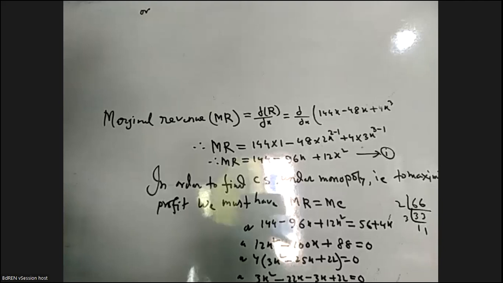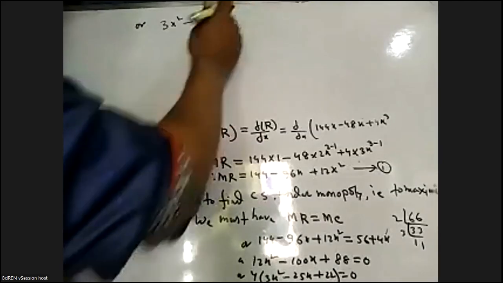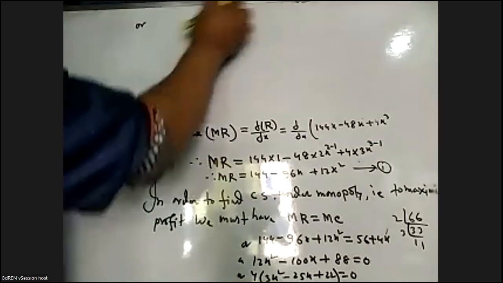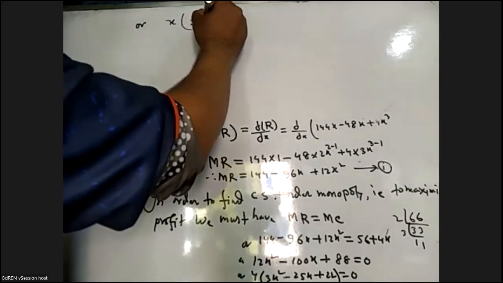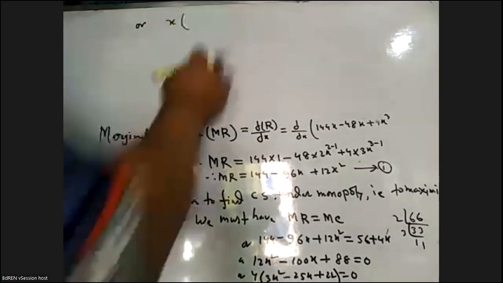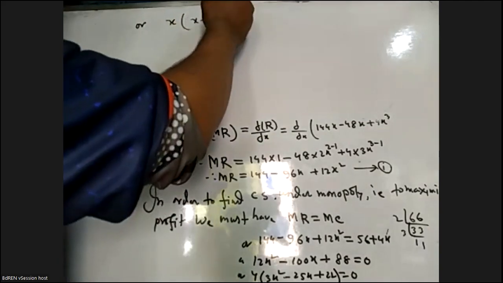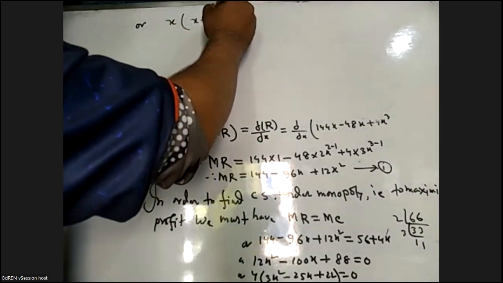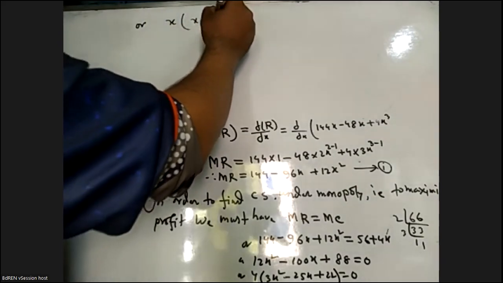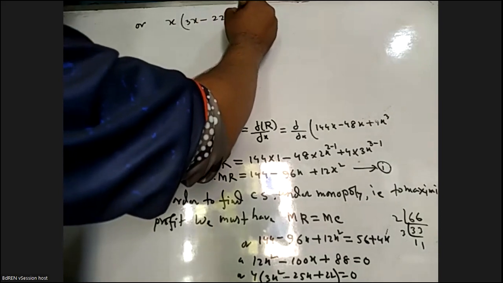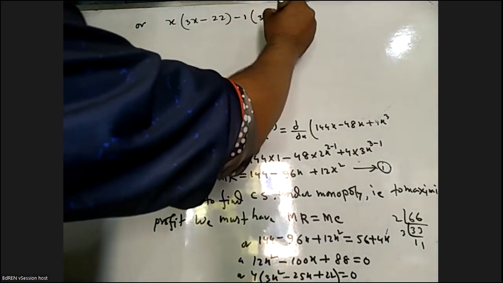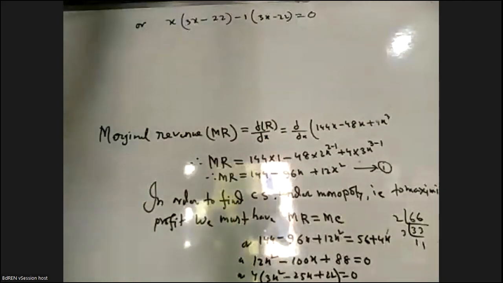So after this line, we can write 3x square minus 22x minus 3x plus 22. We can take common x. The x common will give x minus 22. 3x minus 22 minus 1 common, 3x minus 22 equals to 0.